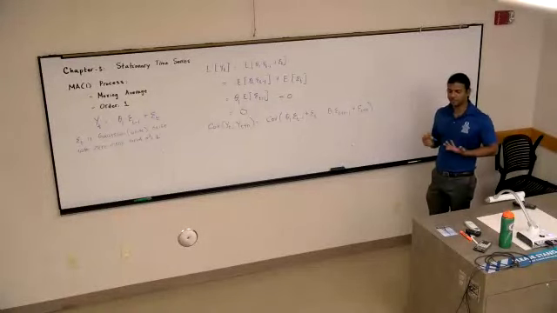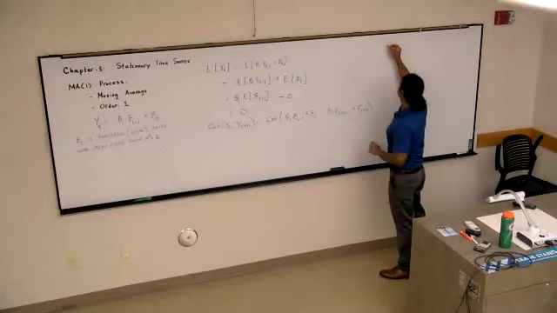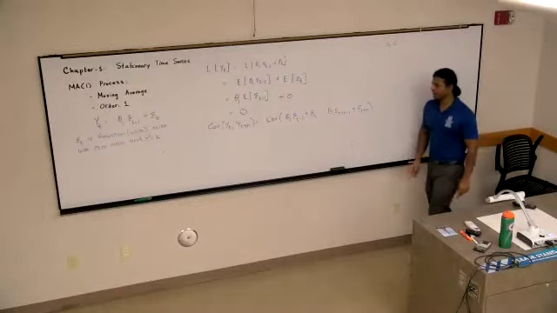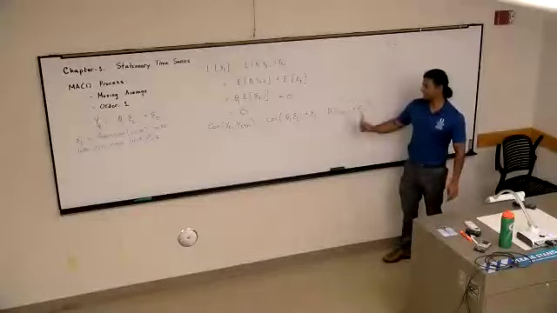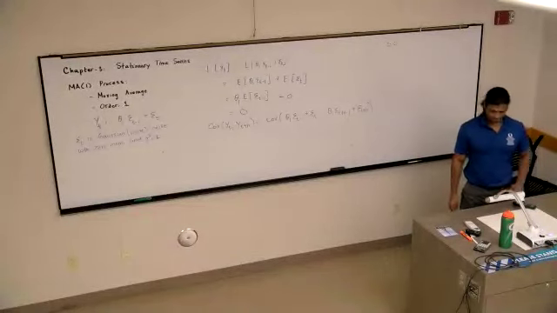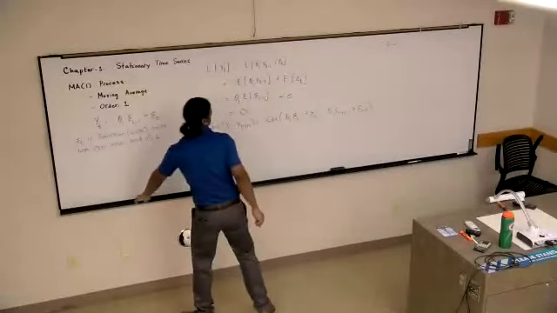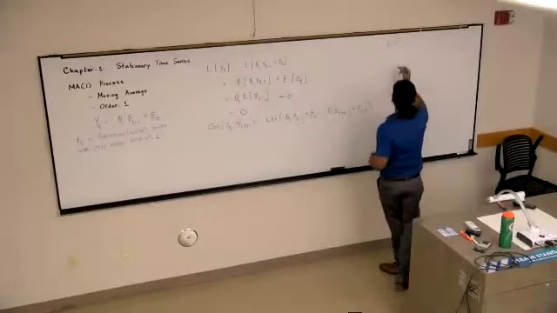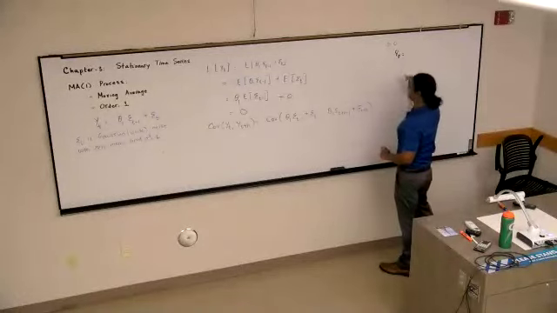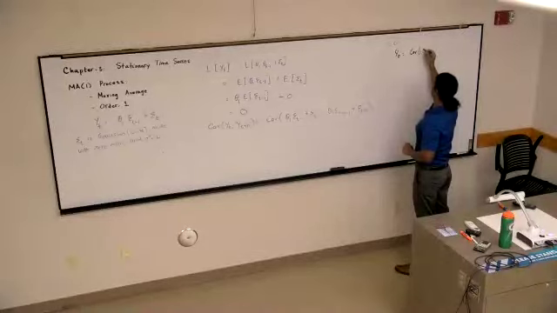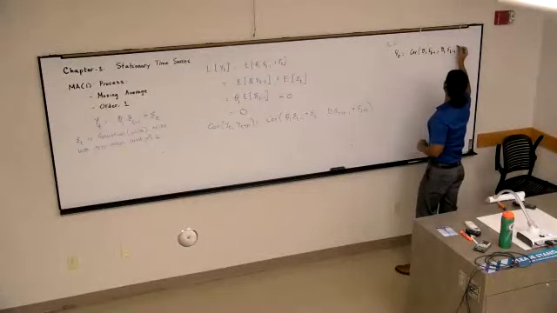Let's start with h equals 0. If h is 0, would that term and that term match up? Yes. Yes. So gamma of 0 will be covariance of theta 1 epsilon t minus 1, comma theta 1 epsilon t minus 1.